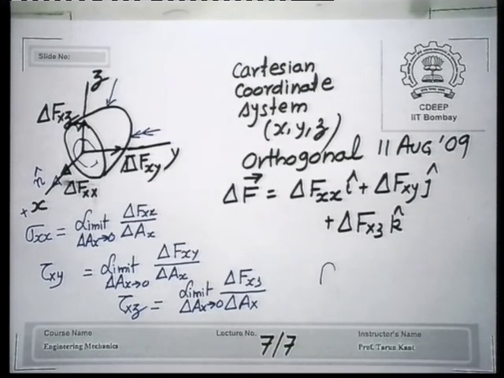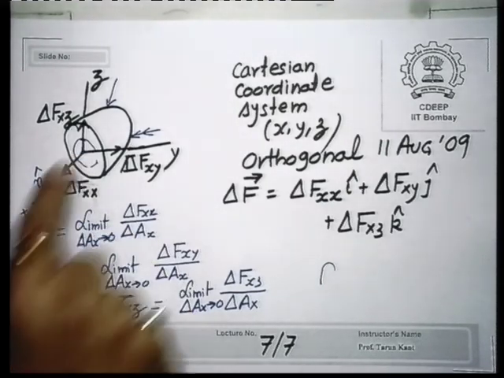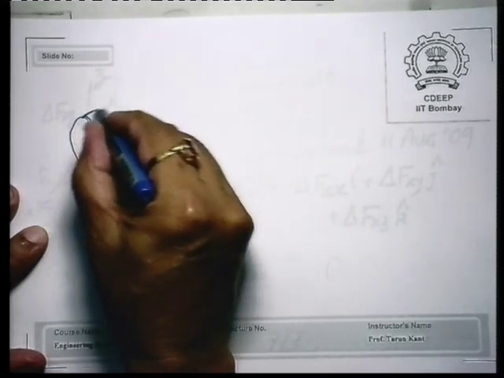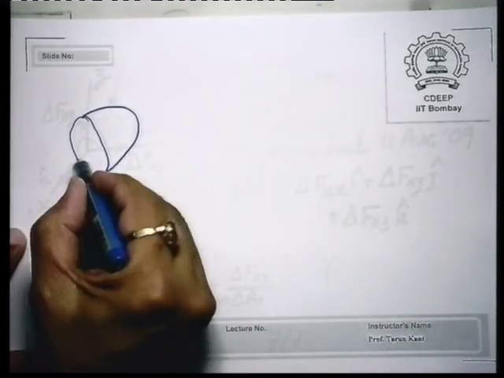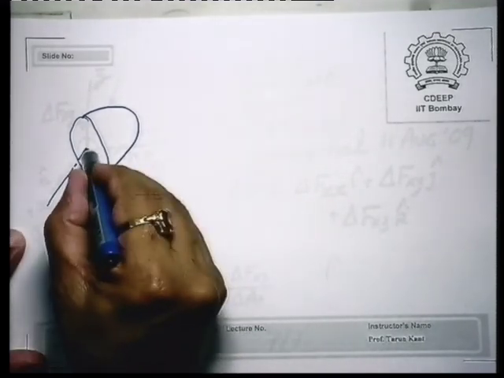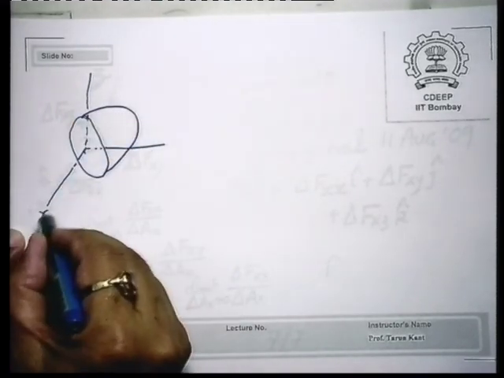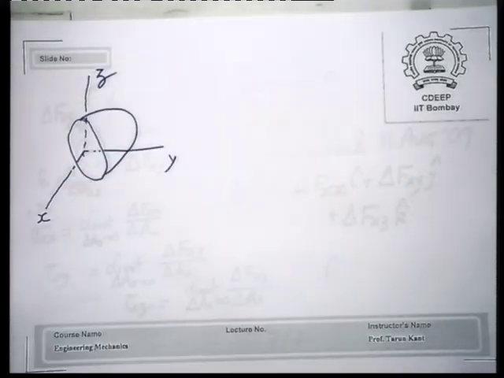we have been advised not to clutter the sheet, use big letters, so that the diagrams are clear. So now I just want to show this clearly. Let us say I expand this area. This is x, this is y, this is z.